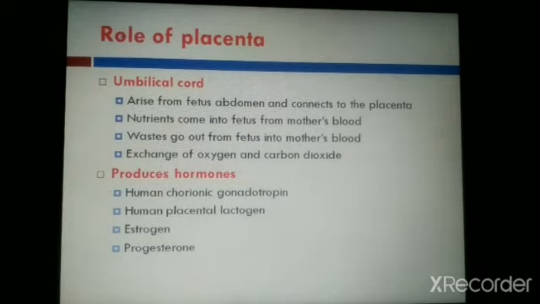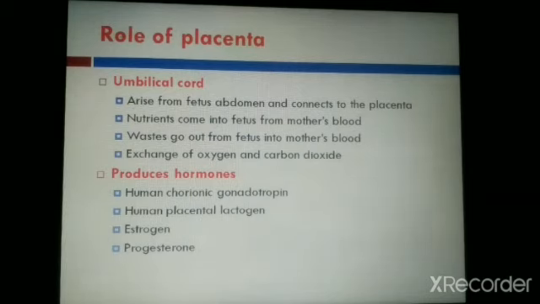Student, the placenta also acts as an endocrine tissue and produces several hormones, and it is very important. Which hormones? Human chorionic gonadotropin, which we call HCG, and human placental lactogen.